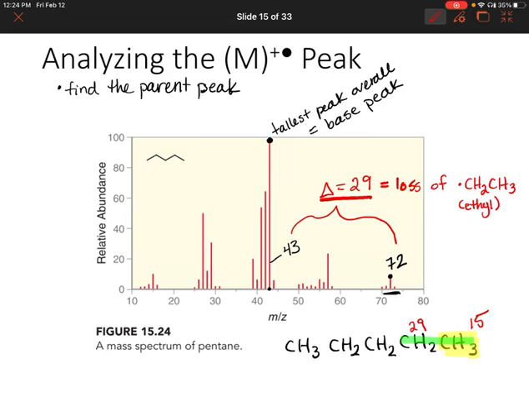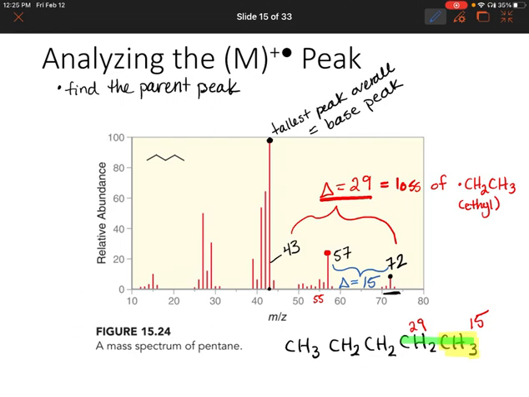Okay, now what about this peak kind of down here? That's also a pretty tall peak. That's at about, let's see, this is 55, 56, 57. Okay, what's the difference between 57 and 72? 15.